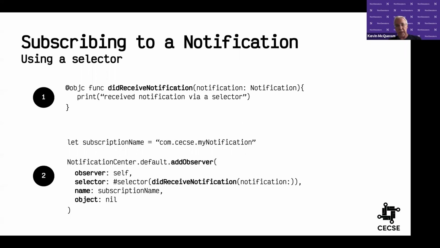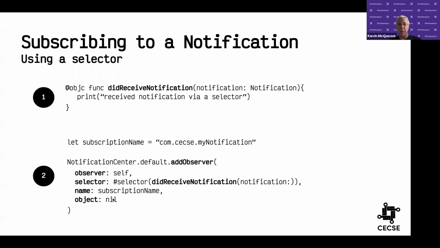And by the way, we put that whole thing in parentheses with #selector. Again, this is all legacy from Objective-C, and it's just the way Swift does it. And then your subscription name that you have here is here. And then we won't worry about objects in this case, but I will just let you know that in notifications, not only are you getting a notification, you can get a payload of data as well.